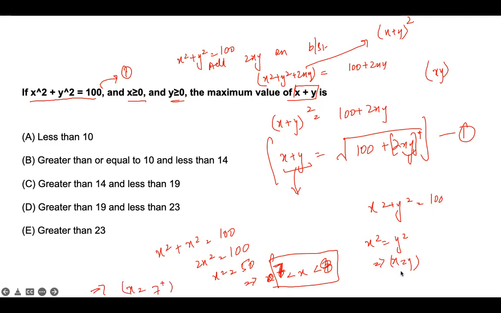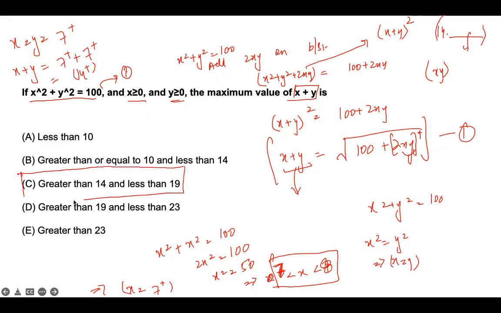As x is equal to y, x is equal to y is equal to 7 plus. So if I add x plus y, that will be 7 plus, something greater than 7, in decimal that will be 14 plus, so 14 point something. So our answer is greater than 14. That's why the answer to this is quantity C.